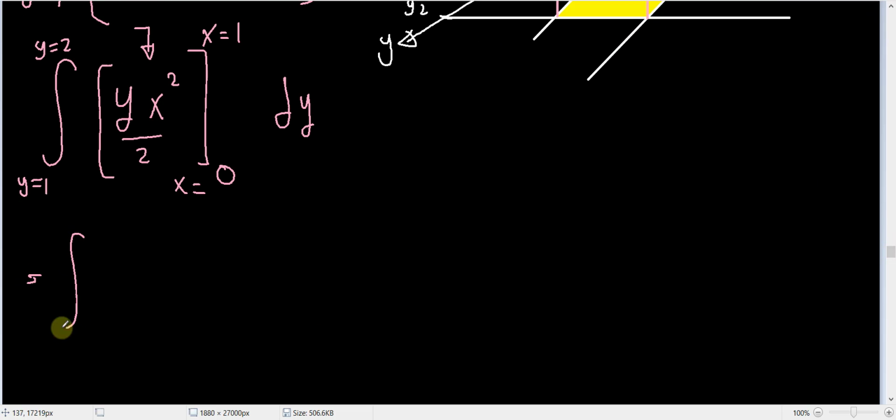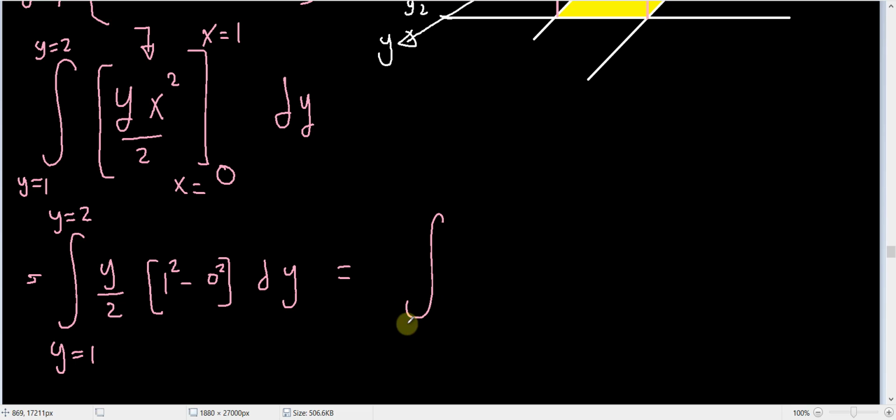We will have this being equal to the integration from y equal to 1 up to y equal to 2. Here I can have y over 2 multiplied by 1 squared minus 0 squared dy. So this is equal to the integration from y equal to 1 up to y equal to 2 of y over 2 dy.